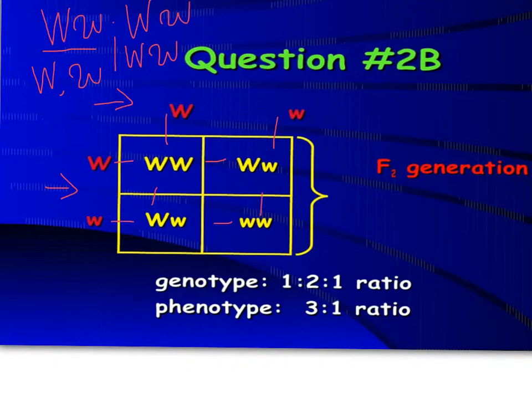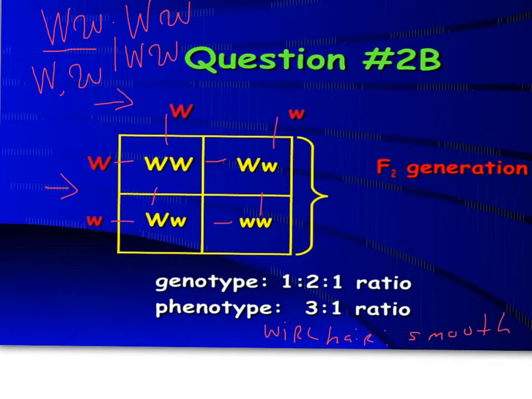Now when we look at this, we're going to be looking at genotype and phenotype ratios. With our phenotype ratios, what we're looking at is, are they wire-haired or are they smooth-haired? What we see is that we have three that are going to be wire hair, and we have one that is smooth.